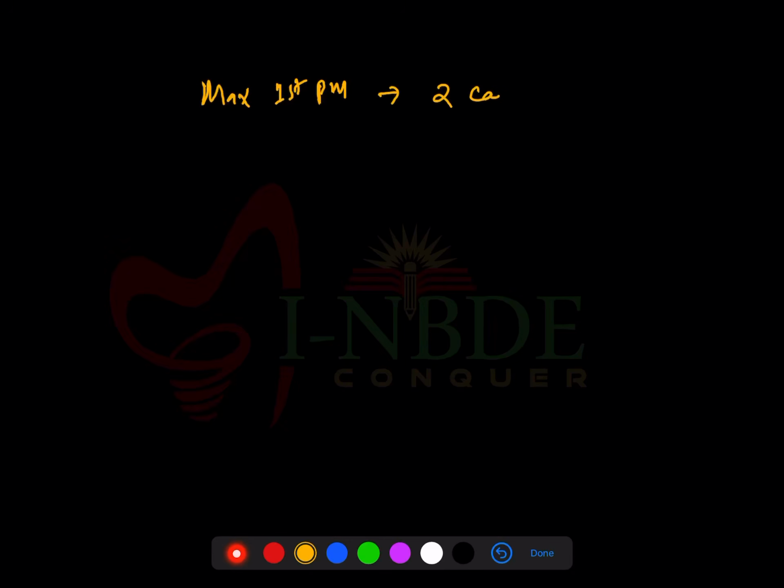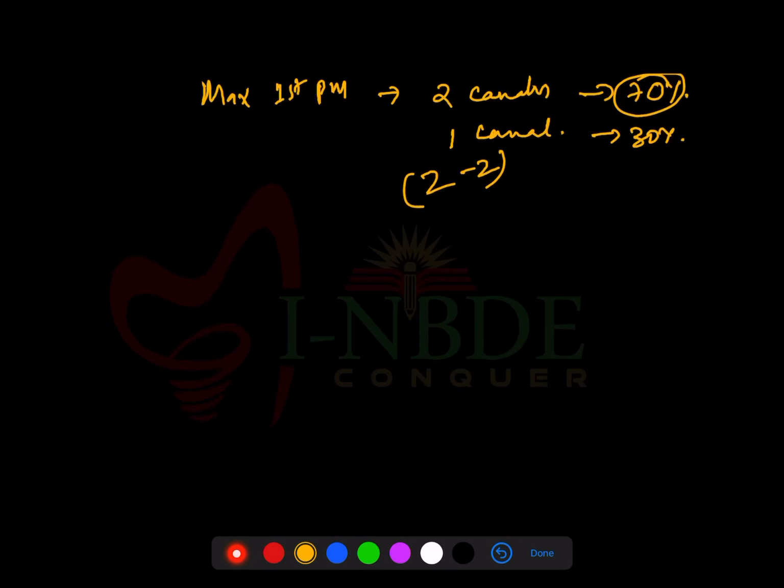In around 70% of cases it will be two canals, and in around 30% of cases it will be one canal. So it is two roots and two canals in 70% of cases, and one root in 30% of cases. This is regularly.